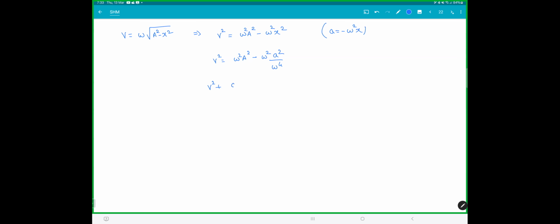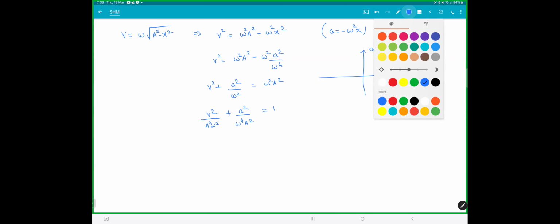This will be V square a square by omega square is omega square a square. You will notice this also turns out to be an ellipse. So an AV graph is also an ellipse.